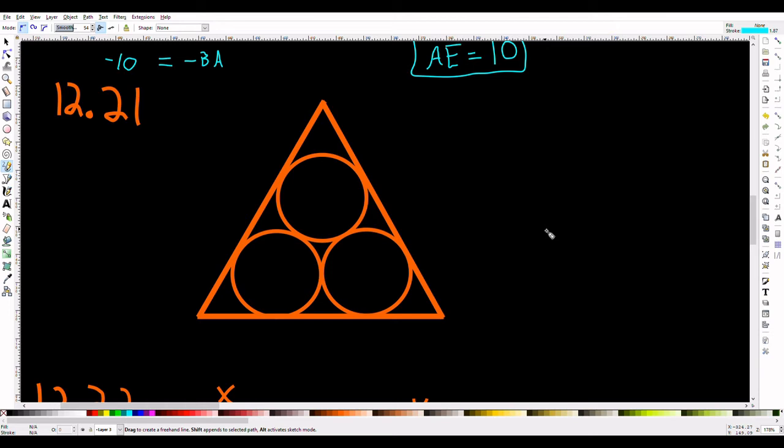So let's start with just writing the things that we definitely know. Do we know any sides? Sure. We know that from the center is 1. We don't know the sides of anything to do with the triangle though. Do we know any angles?